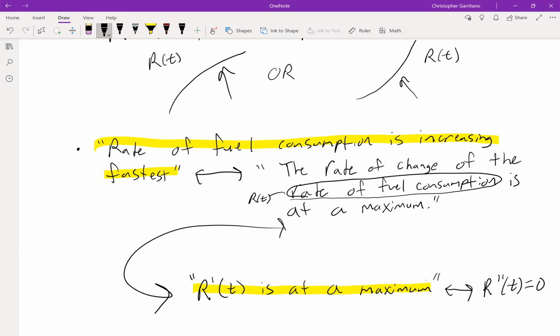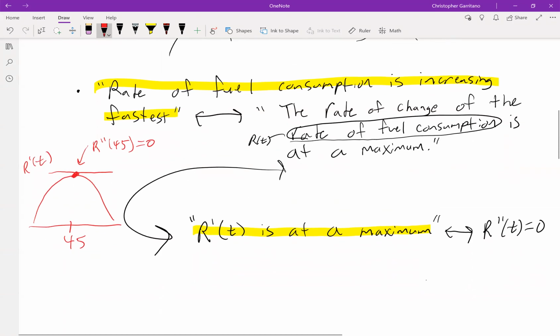If we were to graph the derivative function, and it has a maximum at a certain point, let's say this is when t equals 45, well, if r prime of t has a maximum when t equals 45, that means, that's supposed to be a tangent line, the tangent line slope would be 0, or in other words, r double prime of 45 would equal 0.